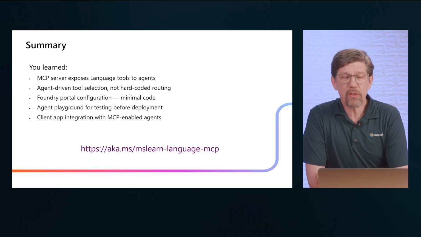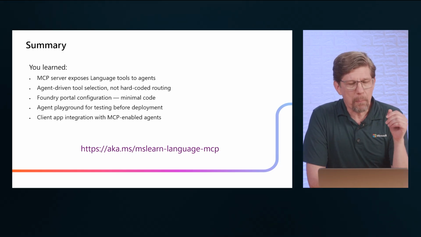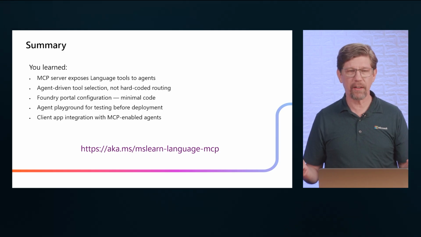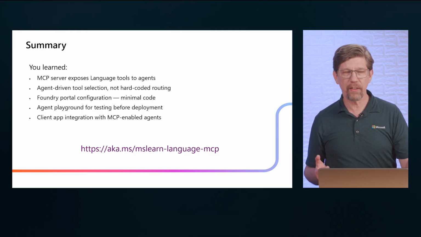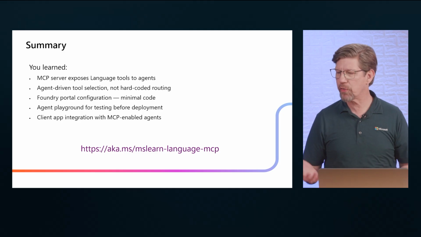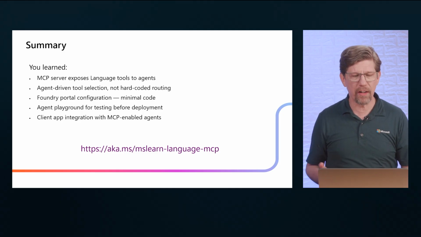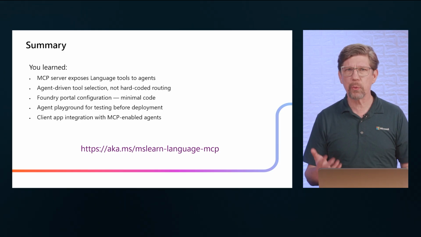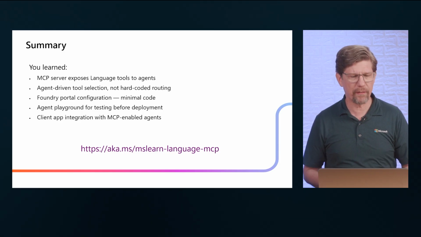All right, this has been pretty quick, but what we've seen is combining these two really interesting concepts. The MCP concept that exposes tools along with an example of a pre-built language tool. The agent then gets to decide which tool selection. We don't have to hard code anything along those lines.